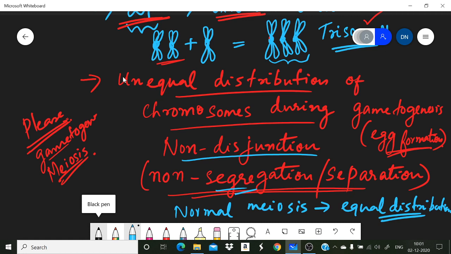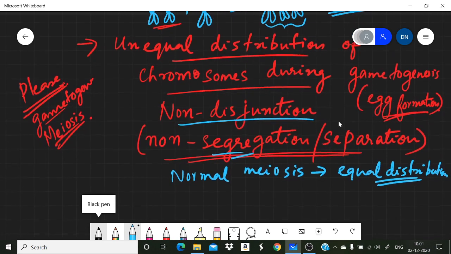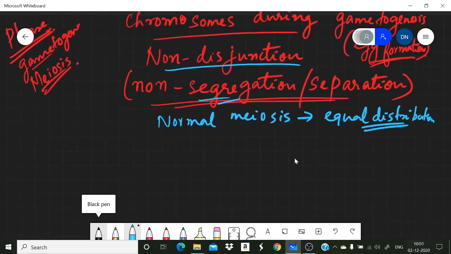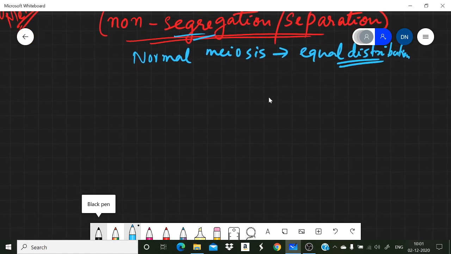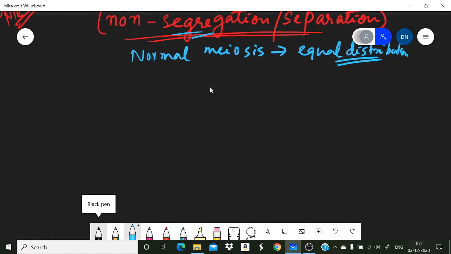But if any mutation occurs, there won't be any segregation or separation of chromosomes during gametogenesis. That may lead to an extra chromosome at some position of the entire chromosomal pattern. In Down syndrome, the extra chromosome occurs at the 21st position. The 21st chromosome consists of an extra chromosome. That is an unequal distribution of chromosomes.